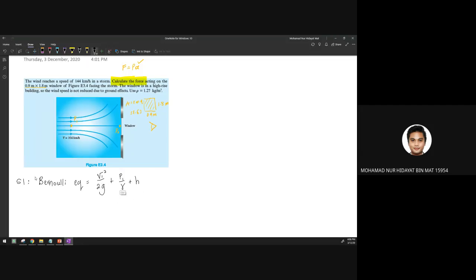So this is 1, this is 1, this is 1, equal to velocity 2 squared over 2g plus pressure 2 over gamma plus h2. This is the formula of Bernoulli.